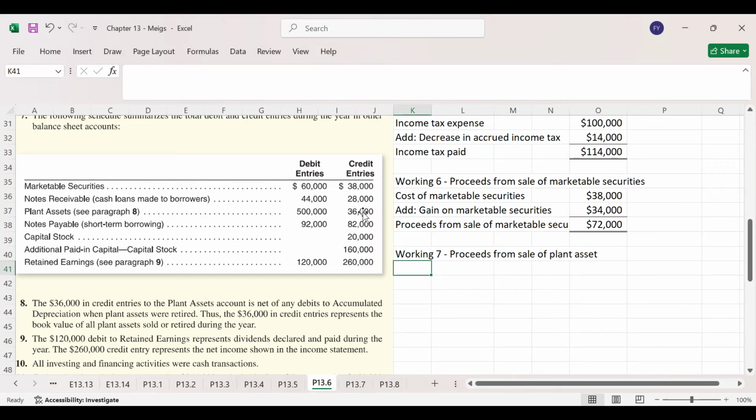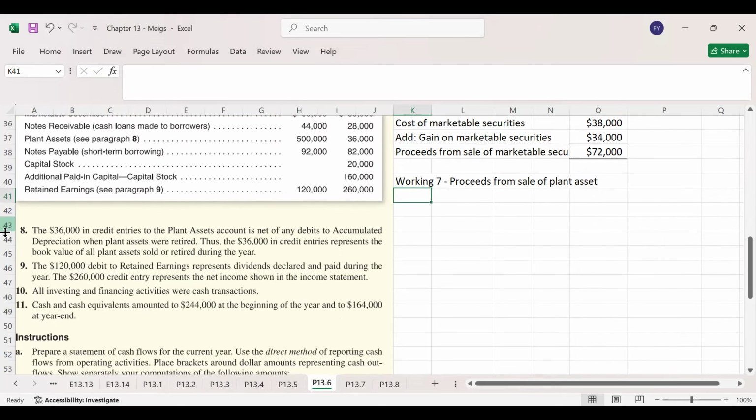So here we have 36,000, and a hint is given in paragraph 8. So this 36,000 in credit entries to plant asset account is the net of any debit to accumulated depreciation when plant assets were retired. We have already discussed at the start of this lecture that this 36,000 represents net of any accumulated depreciation. So this is the book value.